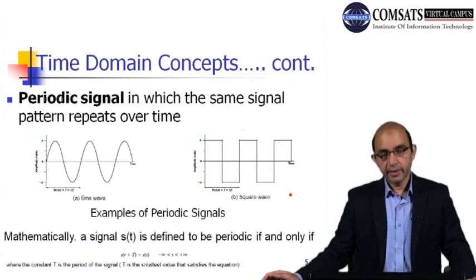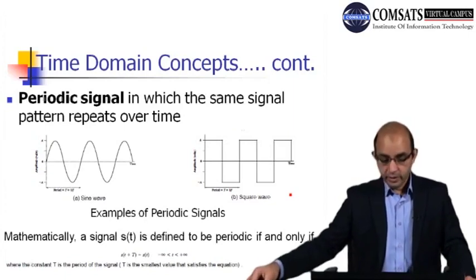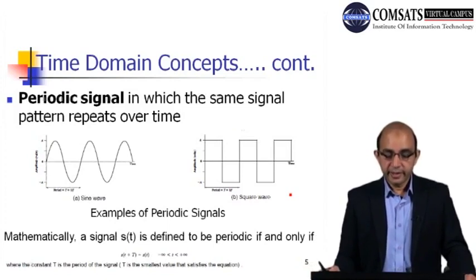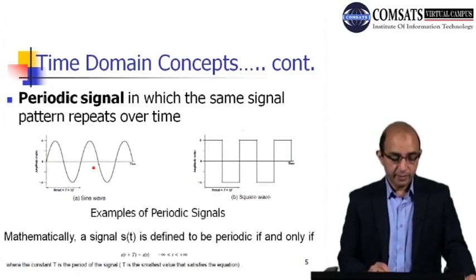So then there are certain types of different signals. Let's talk about different types of signals. Periodic signal: the signal which repeats itself after a certain amount of time. On the left hand side of your slide you can see again we have the time axis, and then we have the amplitude axis, that is y-axis.